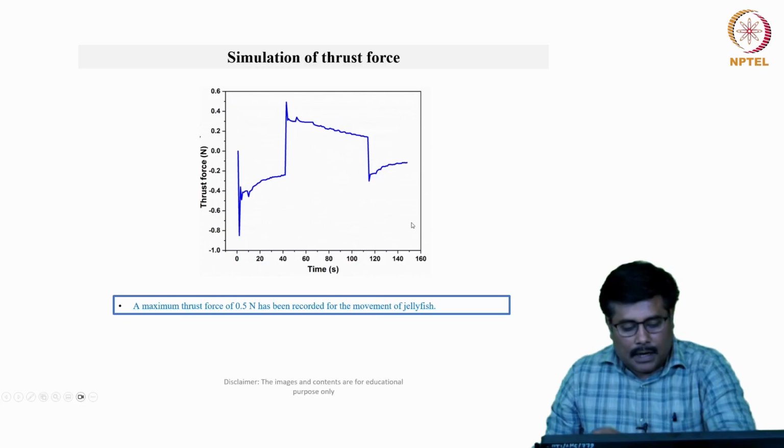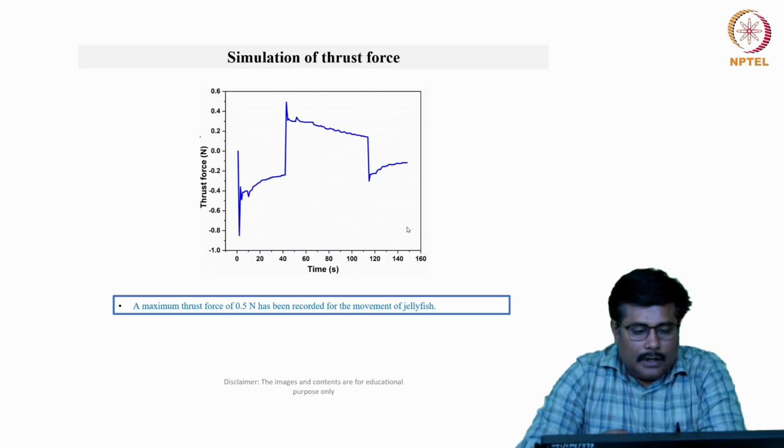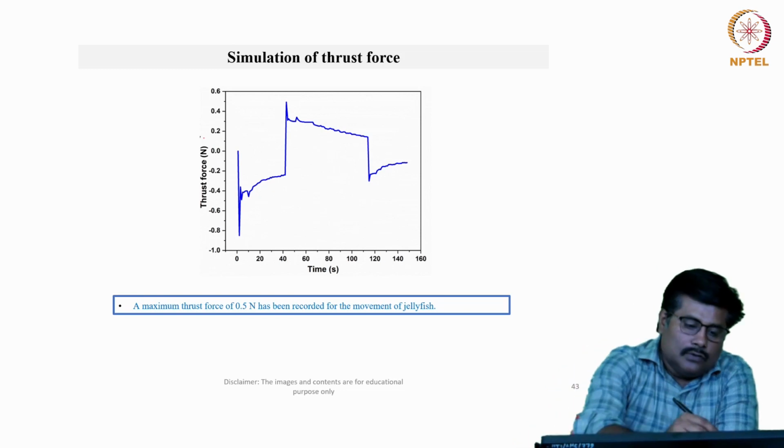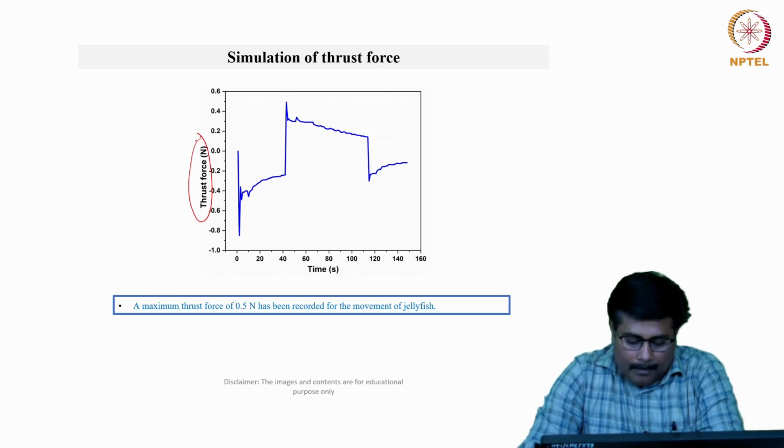So this is a kind of a structure. As far as this structure is concerned, it gives us clarity with reference to the amount of thrust force which is exerted with reference to time t.